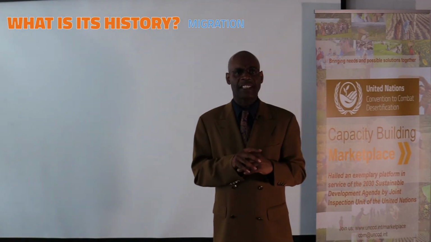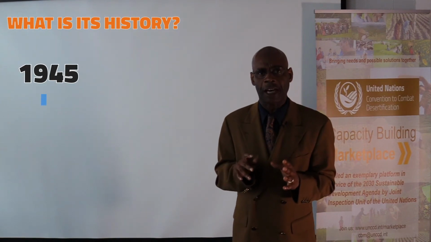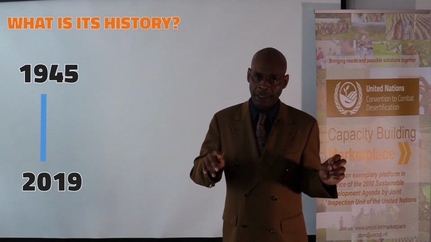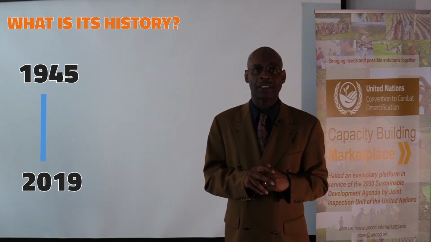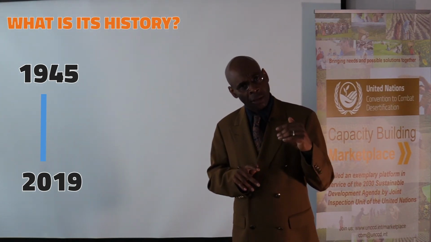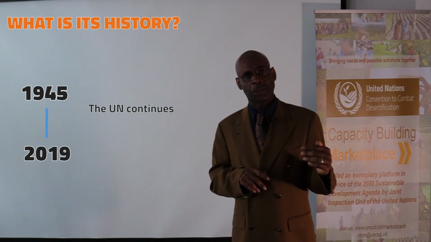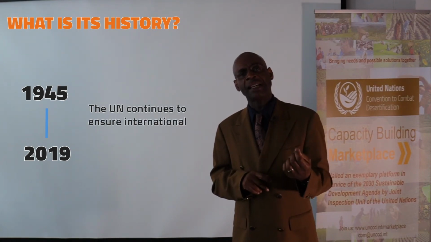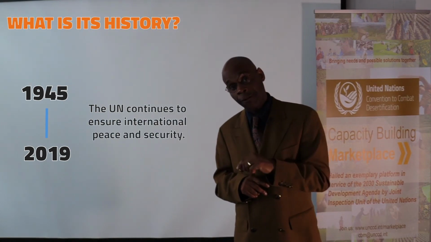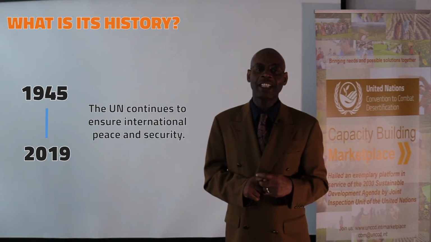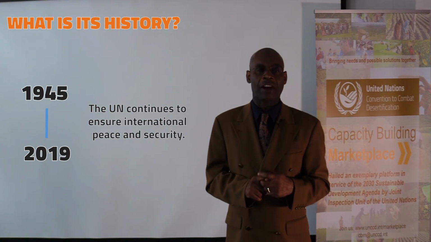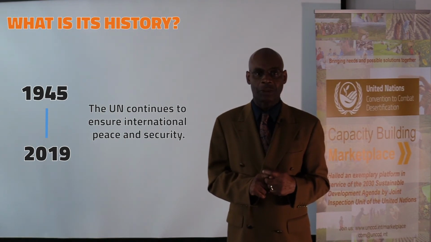Now, the point is this, therefore, that from 1945 up to now, this United Nations, with all its flaws or weaknesses, as you might want to say, continues to work to ensure international peace and security. It has a history of from 1945 to now that says it has guaranteed or has helped to guarantee that we didn't have a third world war.